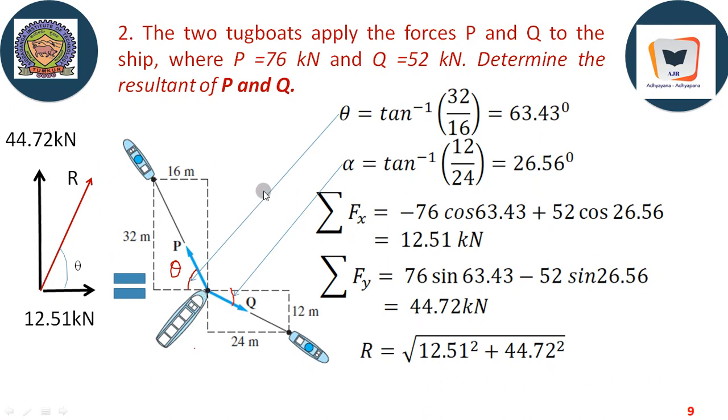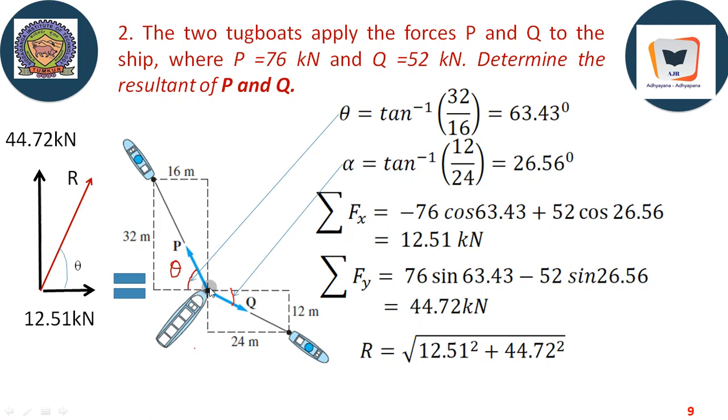We could have applied the law of parallelogram of forces also, but as engineers using engineering mechanics principles, we always resolve the forces in the vertical and horizontal directions. The direction of the resultant indicates in what direction the ship will move.